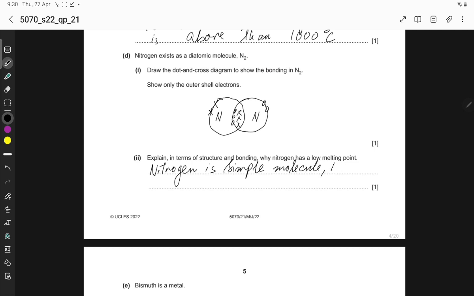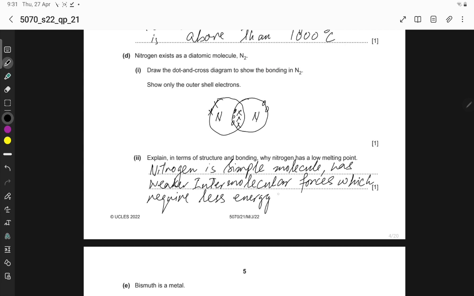The molecule has weaker intermolecular forces which require less energy to break.